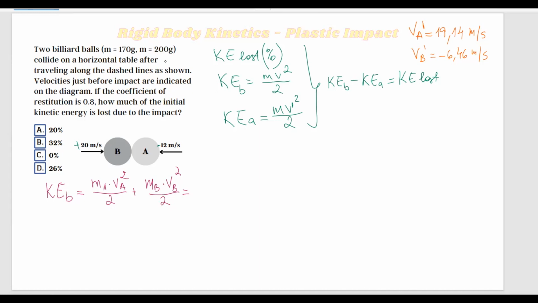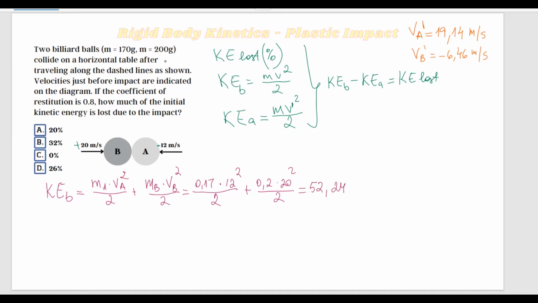If we divide by 1,000, we're going to get kilograms. And I'm going to work in kilograms here, 0.17 multiplied by VA squared, which is going to be 12 squared divided by 2, plus MB is 200 grams, is going to be 0.2 kilograms multiplied by VB, which is 20 squared divided by 2.